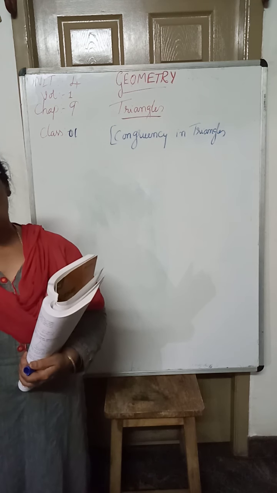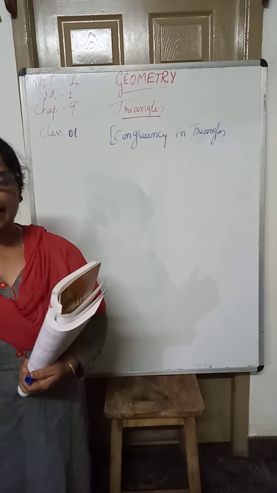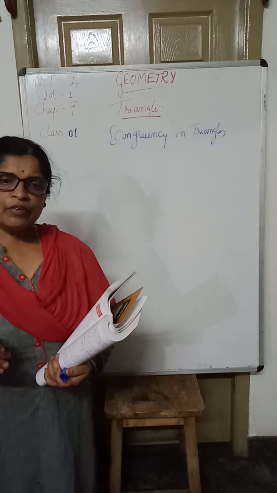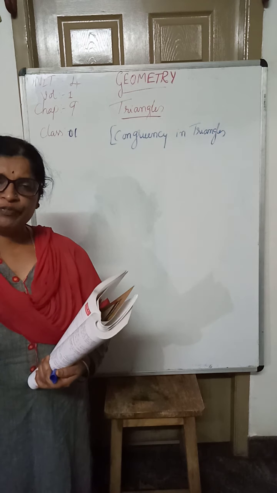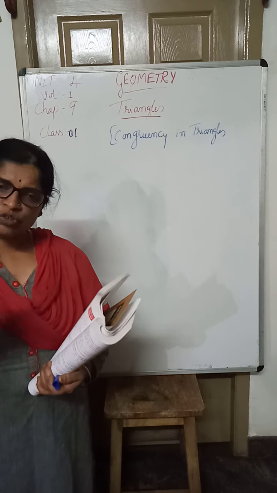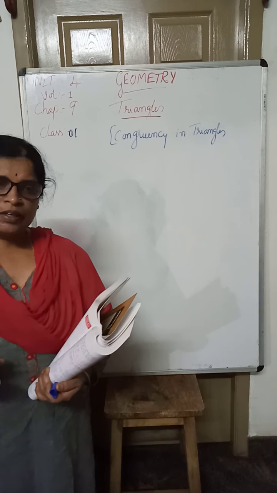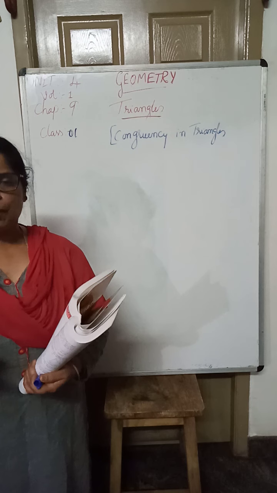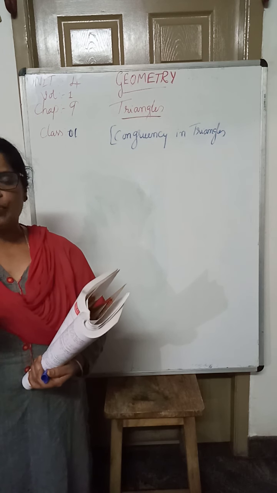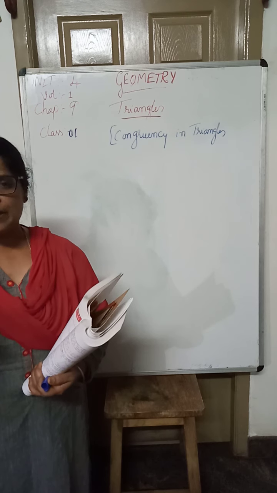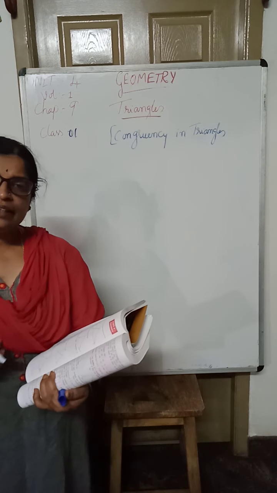When two sides are equal, then their corresponding angles are equal, and it is said to be an isosceles triangle. When the triangle has different sides and the angles are also different, it is said to be scalene. And one more important property: the sum of the angles of a triangle is equal to 2 right angles. That is, the sum is equal to 180 degrees.